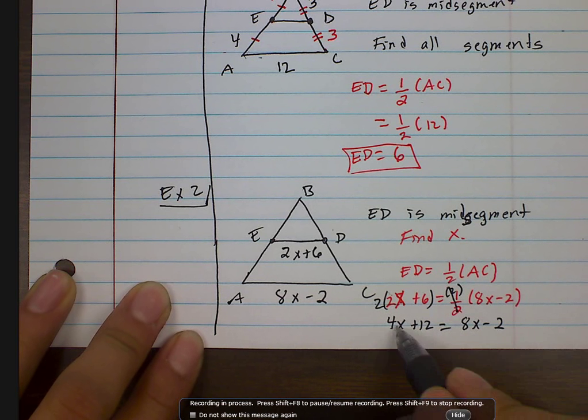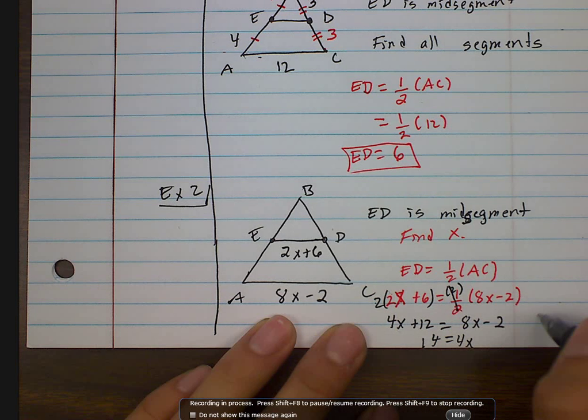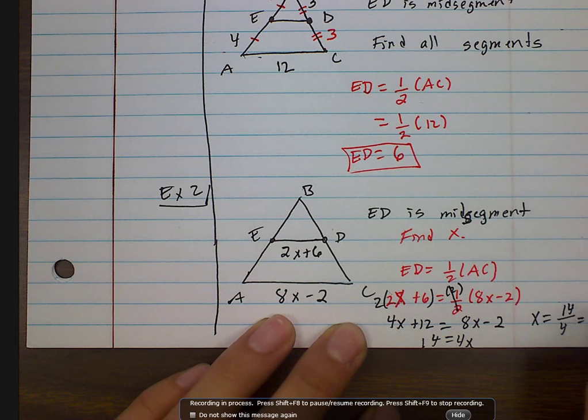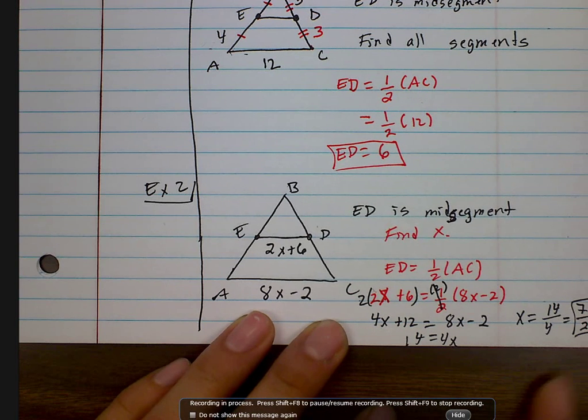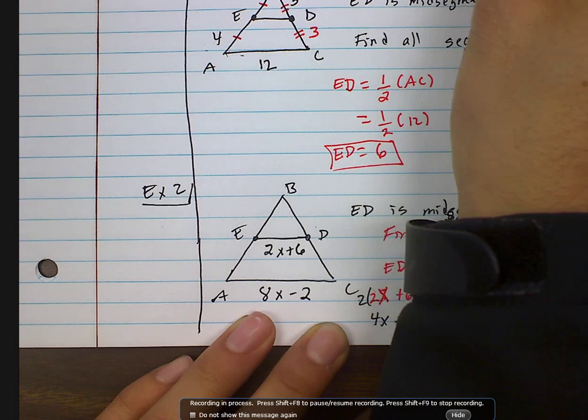You subtract 4x, you add the 2, and then now you know that x is going to be 14 over 4, which is the same thing as 7/2. There's your answer. So let's look at a different one. The idea is the same. Just remember, the mid-segment is equal to 1/2 of the third side.